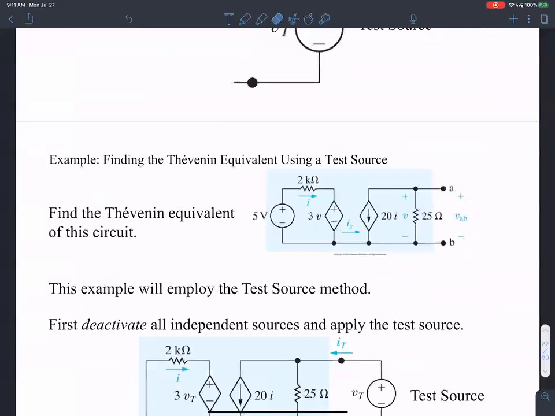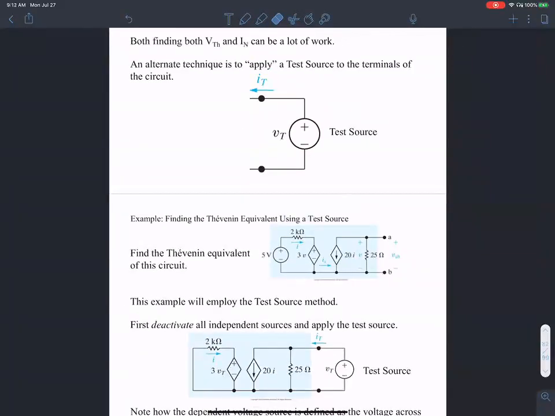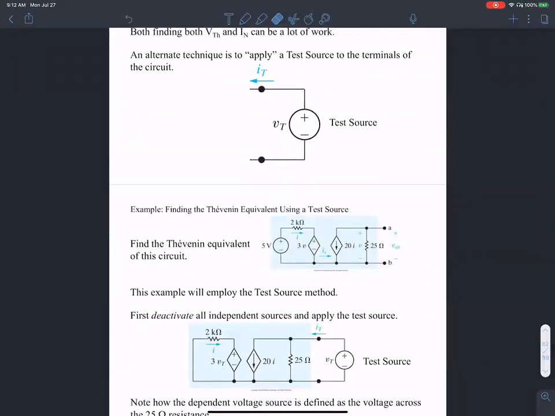I don't want to talk about that right now because I don't want to cover too much ground in one day and make it seem like we are rushing. So in the next class, we are going to continue the discussion on Thevenin's equivalent and Norton's equivalent using dependent voltage and current sources.